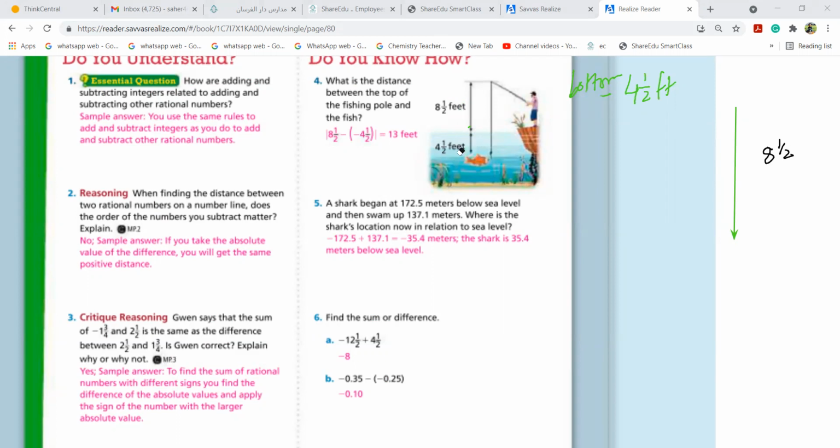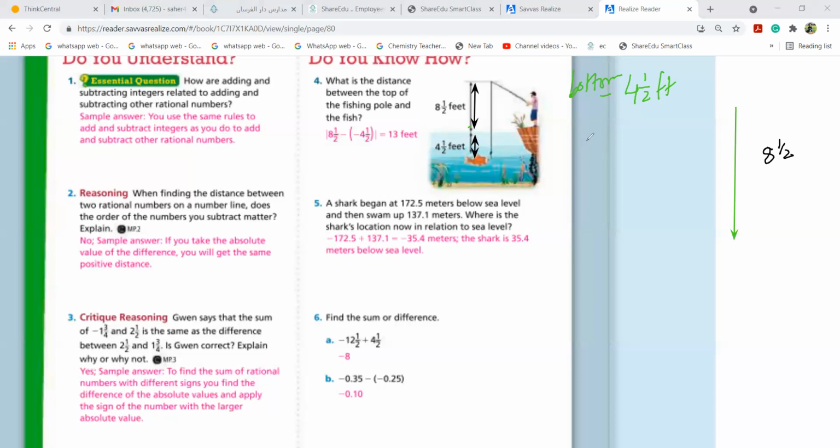This is 8.5, and the other one is 4.5. Of course, we'll plus it, girls. But how did they write here?